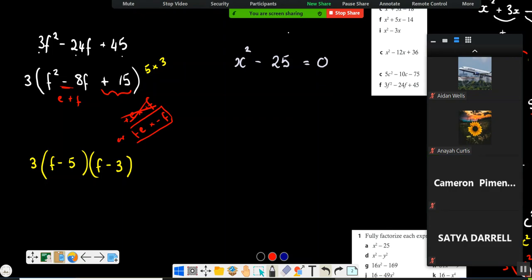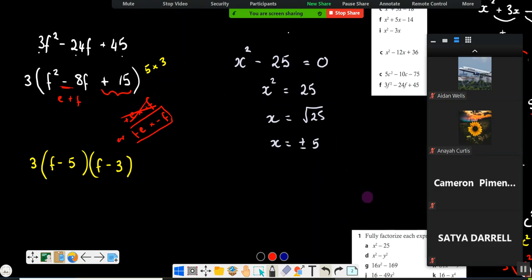Do plus 25 on both sides. And then square root both sides, and then get 2 answers. 5 and negative 5. Plus and minus. So actually, if I want to solve this, it's easier than what I'm going to make you do now. But you can see it's got 2 solutions.